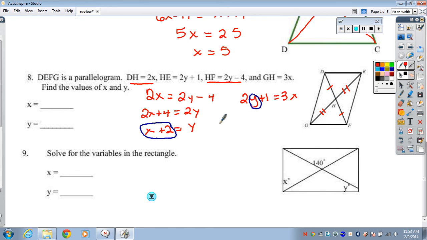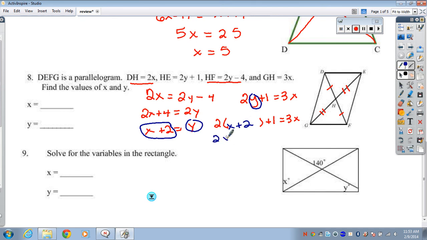So you're going to have 2 plus 2y plus 1 equals 3x. And in that parentheses, you're going to put x plus 2, because this is equal to this, which is also equal to that. Therefore, they're interchangeable. You can substitute in there.